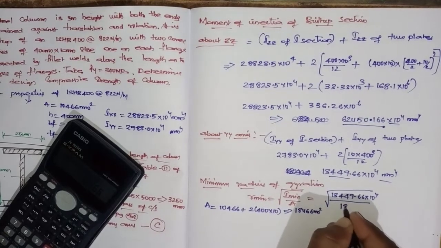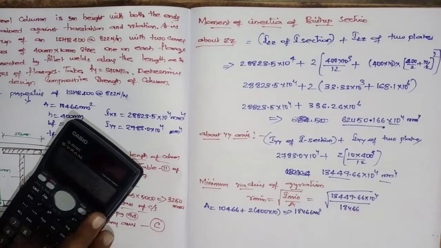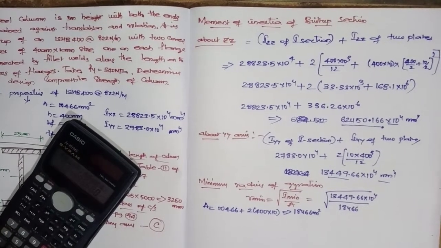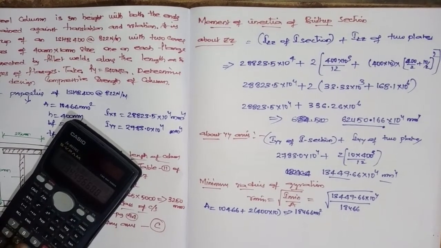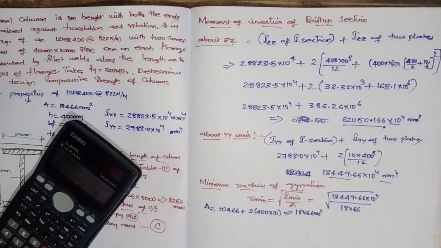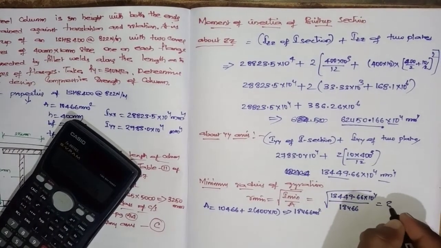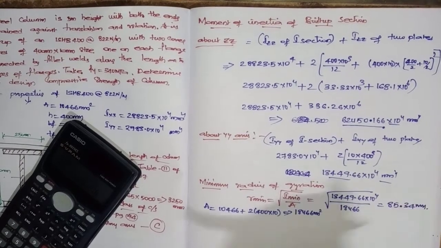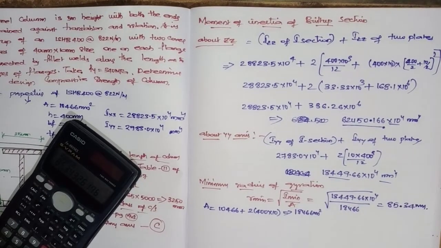So right here 18466, right? So 13449.66 into 10 power 4 divided by 18466. So you are getting 85.34 mm.